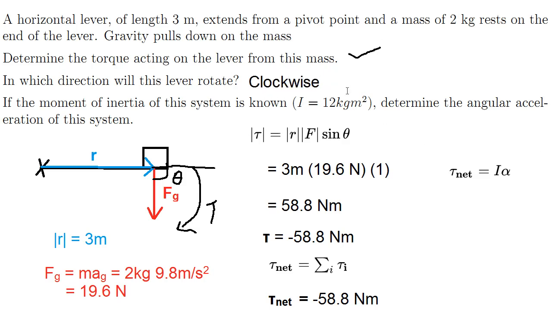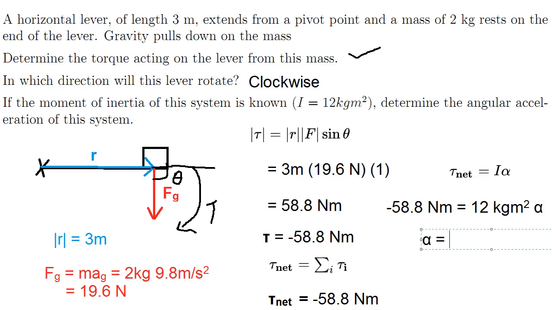And lastly, we can actually find this angular acceleration. To do so, we're going to use this final equation here. I know that the net torque is negative 58.8 Newton meters. And for the moment of inertia, I've been told that it's 12 kilograms meters squared. And thus, all I need to do here is solve for alpha.